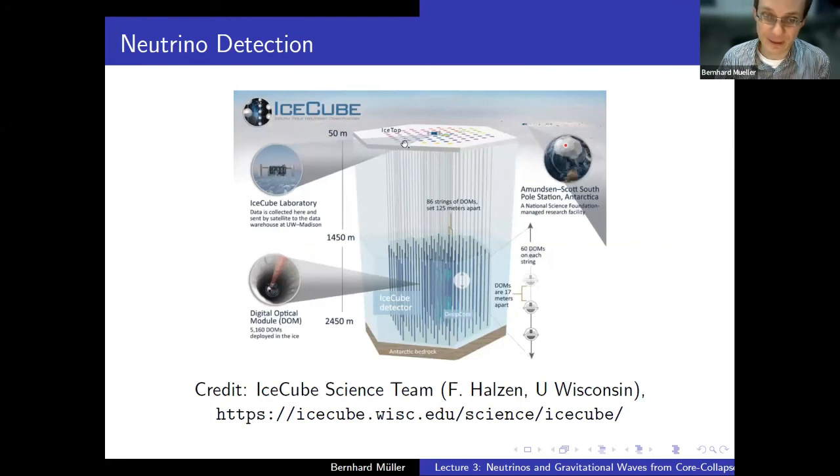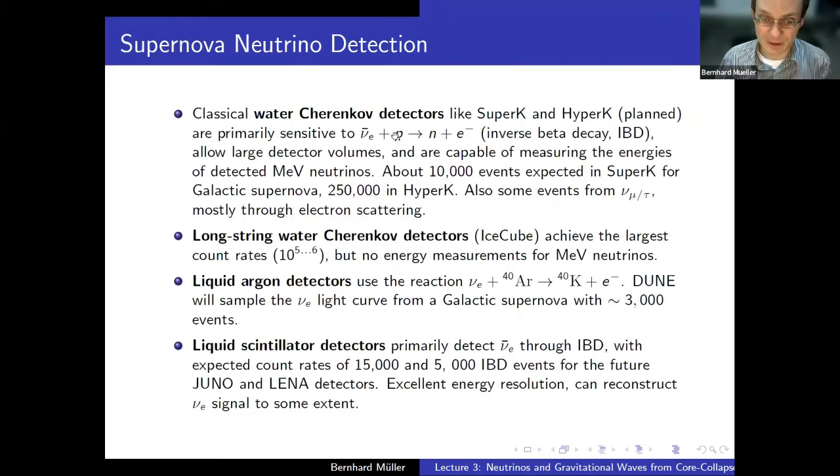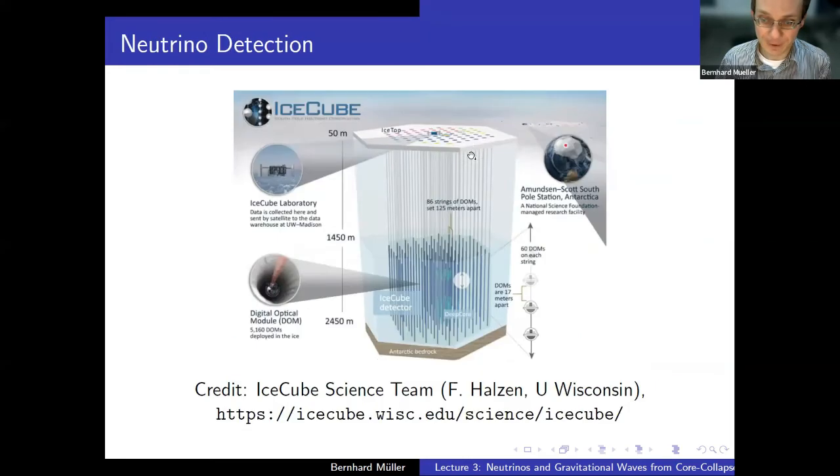So IceCube is a big detector in Antarctica, where you have photomultiplier tubes that will help you detect Cherenkov radiation from electrons that are produced here by inverse beta decay in a huge volume of ice. And that, of course, allows you to construct much larger detector volumes yet than these normal water Cherenkov detectors like Super K or Hyper K.